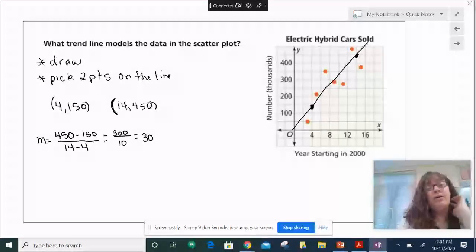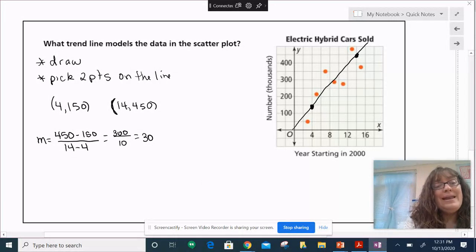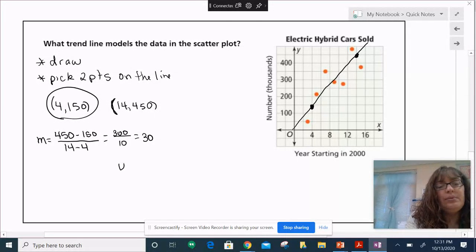All right, from there, once I have my slope, and now I have a point and a slope, I'm going to use my point slope form to write my equation. So I'm going to choose to use this point here. So I'm going to have y minus 150 is equal to 30 times x minus 4.